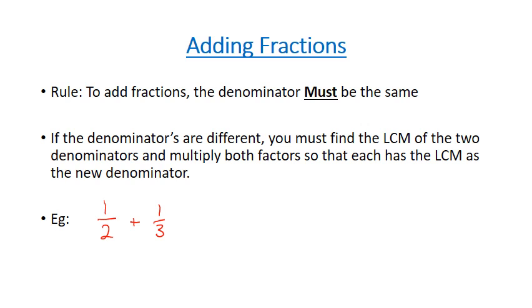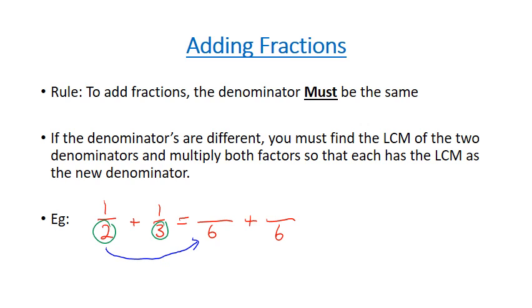You can see here that we have a 3 and a 2, so they're different. We can't just add them. What we've got to essentially do is find the lowest common multiple of 2 and 3. Now I know that that's 6, and we're going to create an equivalent fraction.